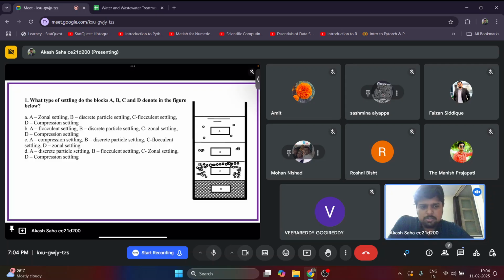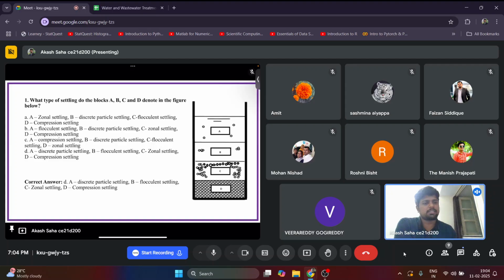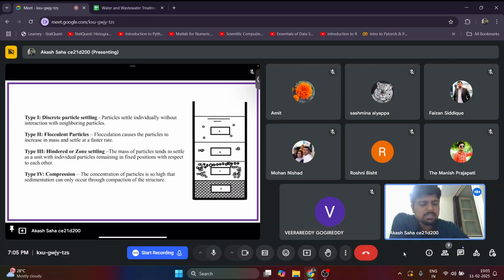So A represents discrete particle settling, then B is flocculent settling, C is zonal settling, and D is compression settling. We will discuss it. First is type 1 settling, which means discrete particle settling. Here the particles will individually settle down and one particle will not interact with another particle.